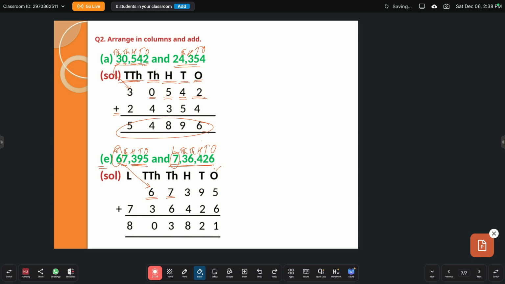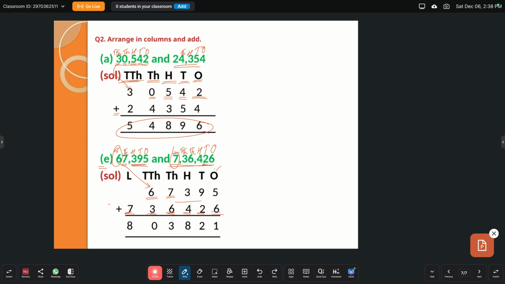And don't write this 7 here. Don't write this 7 before this 6. Okay. You have to write this second addend in the second row. So, here I will write 7 in the lakhs column, then 3, then 6, then 4 in hundreds, 2 in tens, and 6 at ones place.